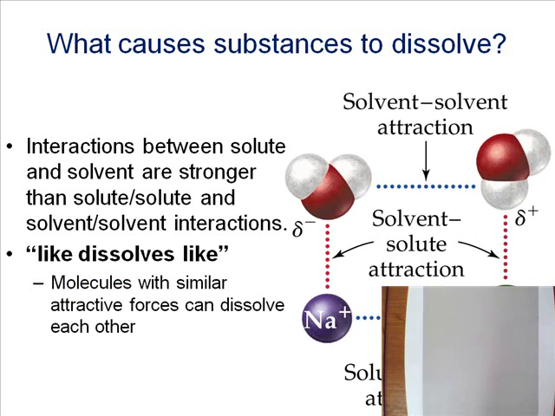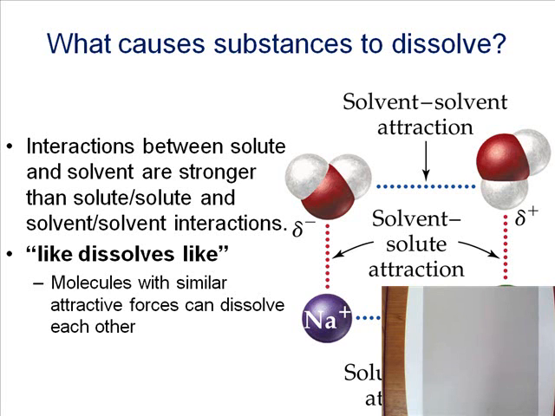So here you see water, which we were just discussing, is very, very polar, and the oxygen, which is red, that's polar negative, that's on the left side. Notice it will be attracted to the positive sodium ion, and the polar positive side of water on the right is attracted to the negative ion, which is chlorine.